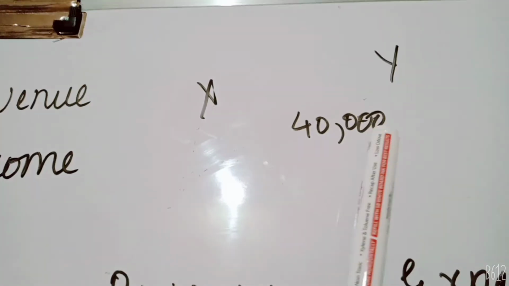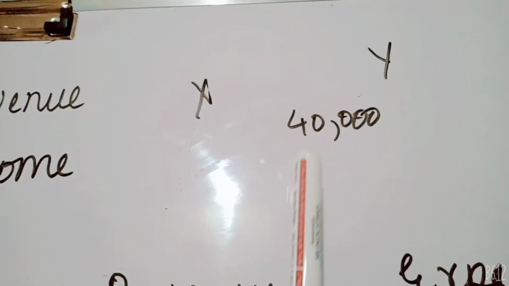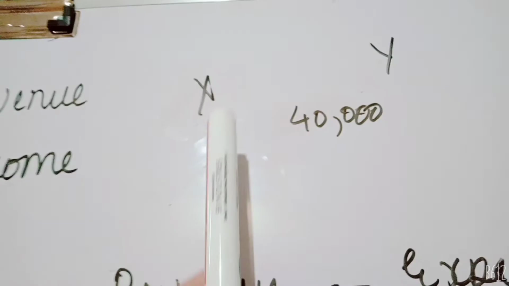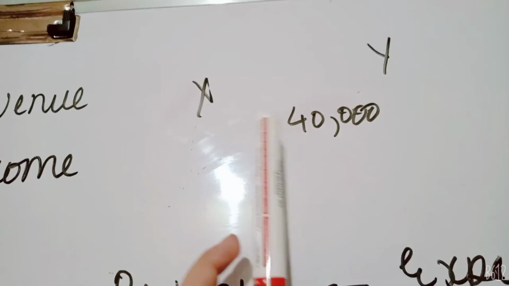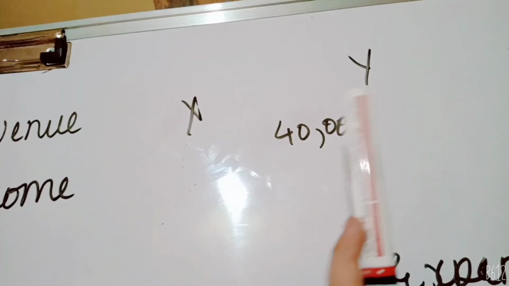So basically revenue is the total amount which is received after selling goods or services. So 40,000 is the amount which we got after selling goods of Enterprise Y.